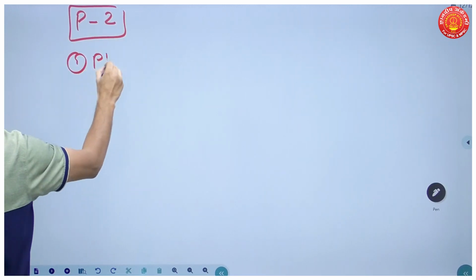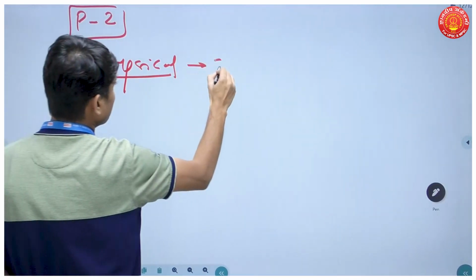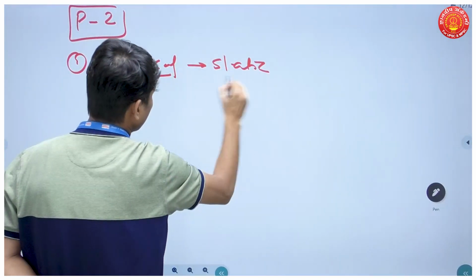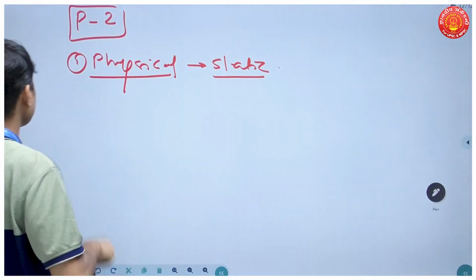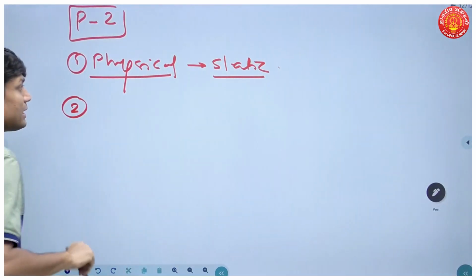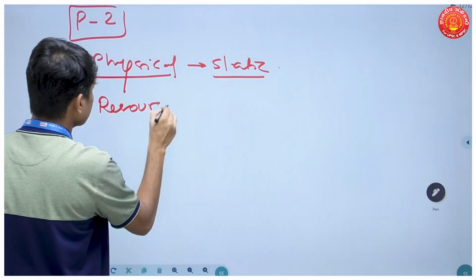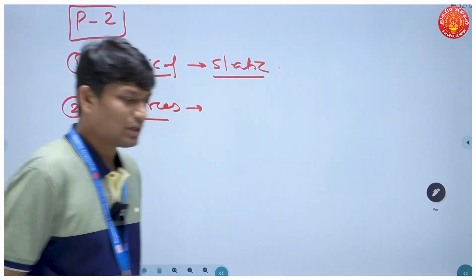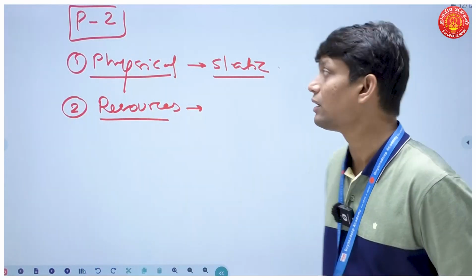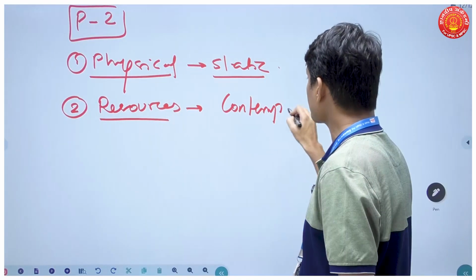In paper 2, first and foremost, I have physical settings, and physical settings is again a highly static part. So there is nothing much I can add in this particular area. After physical settings, let's move on to the second part, that is resources. In resources, again most of the issues are static, but I can have some contemporary resources, right?